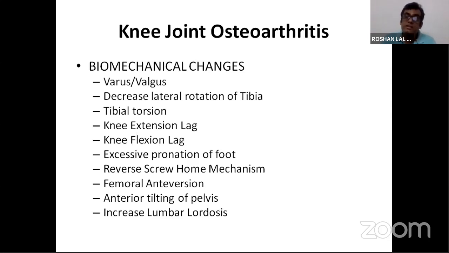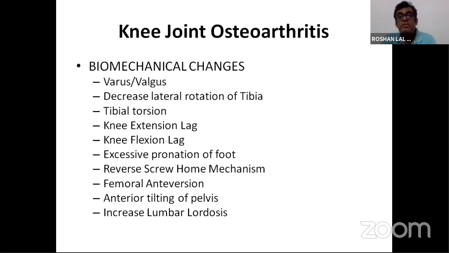Because the lateral rotation of the tibia is reduced, which is essential for terminal extension. And if the patient does not rotate the femur medially, then there will be impingement between the tibia and femur. So the patient will find difficulty in achieving the terminal extension, and if the patient does not achieve the terminal extension, there will be extension lag.